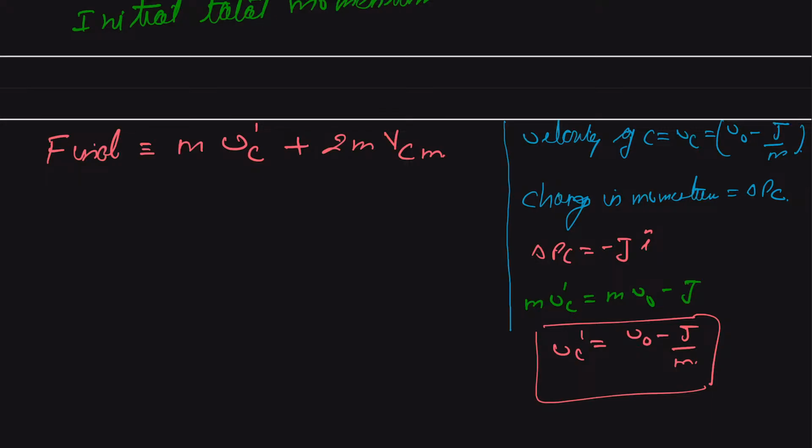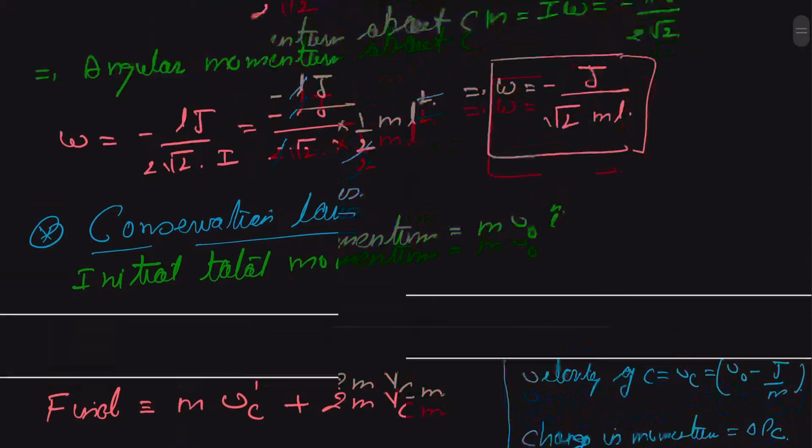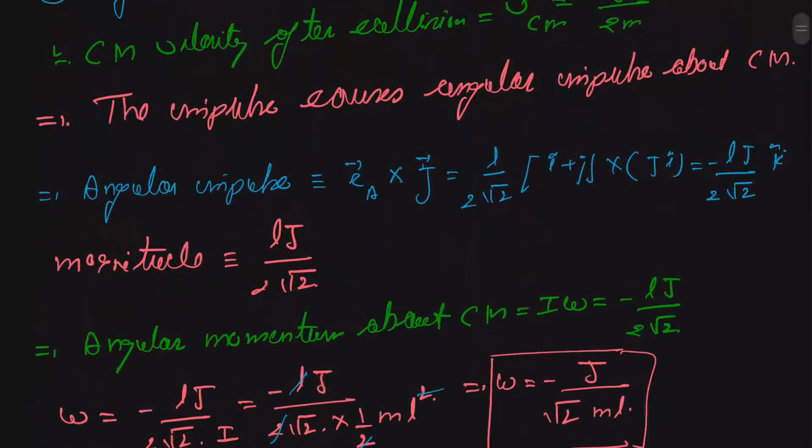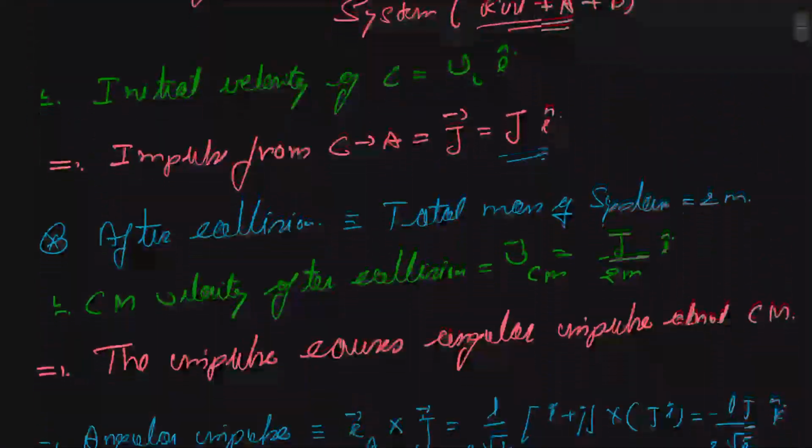And now we can just substitute it. So we get m times v naught minus j upon m plus twice m, and the velocity of center of mass we also know is j upon 2m.